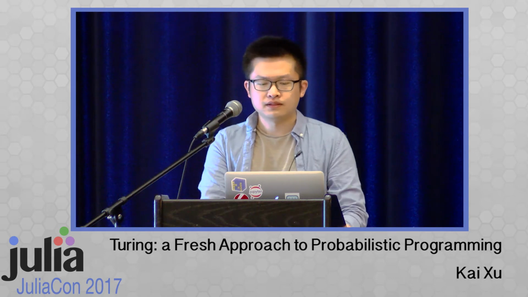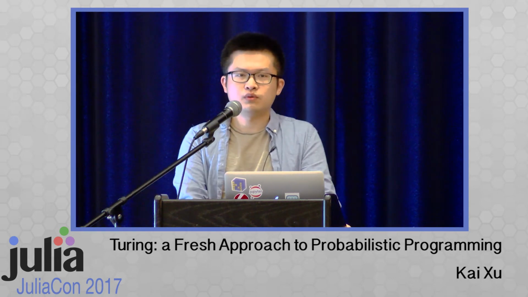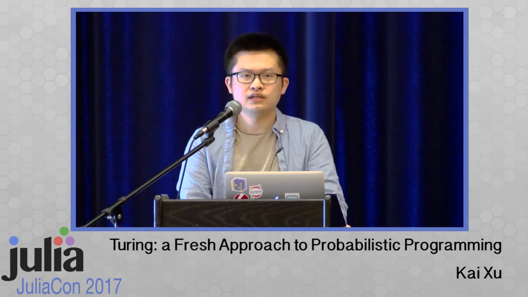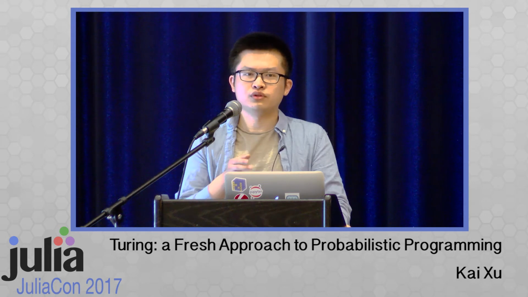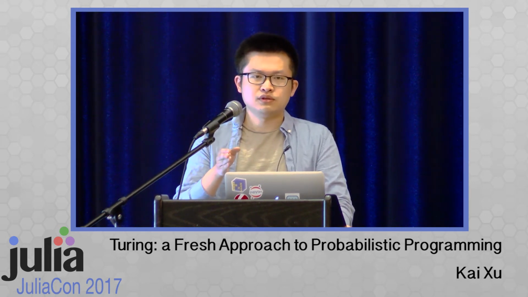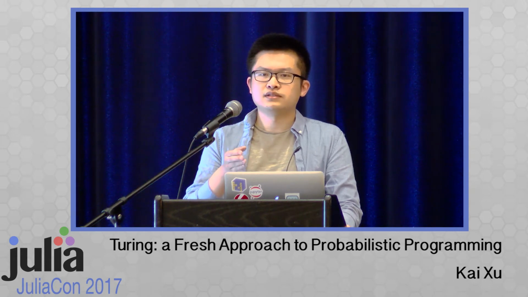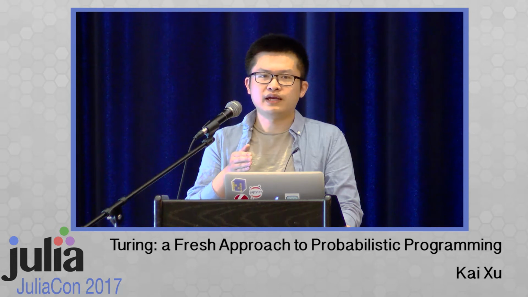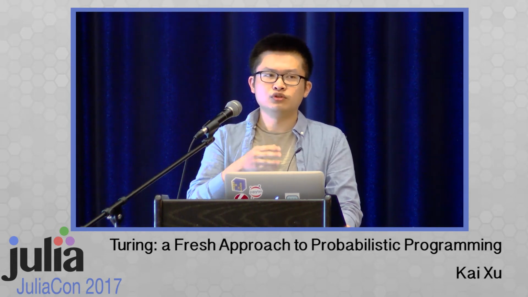And in Turing, the HMC algorithm only needs two pieces of information to run its MCMC chain, which is the unnormalized posterior of the model and the gradient. So in Turing, in Julia, we can just set the model variables with a forward diff dual type and execute the model program.